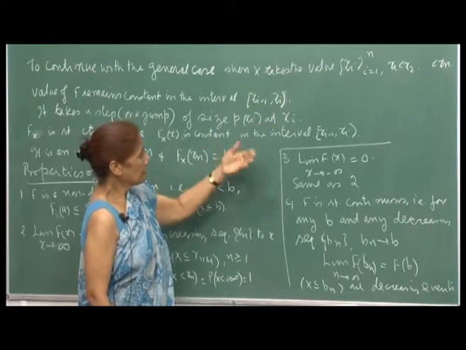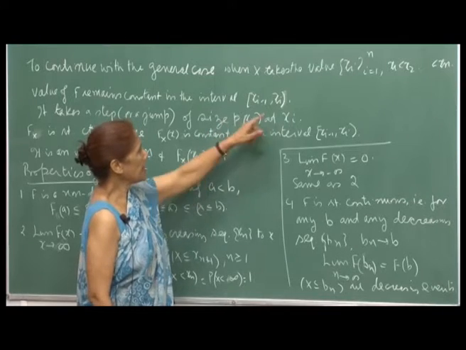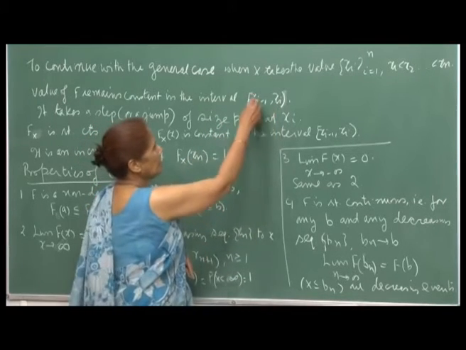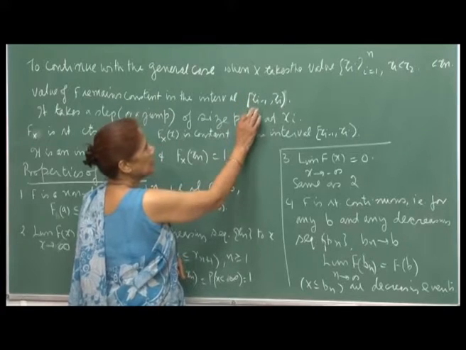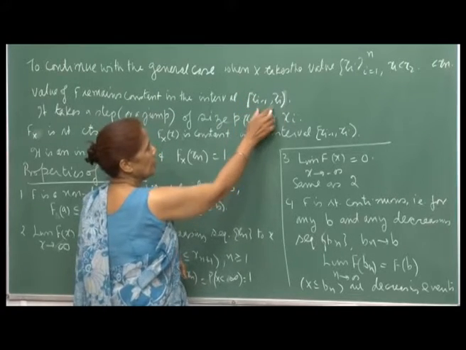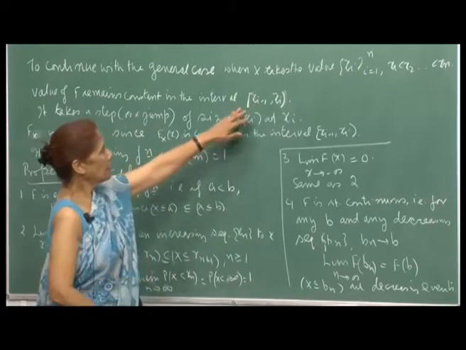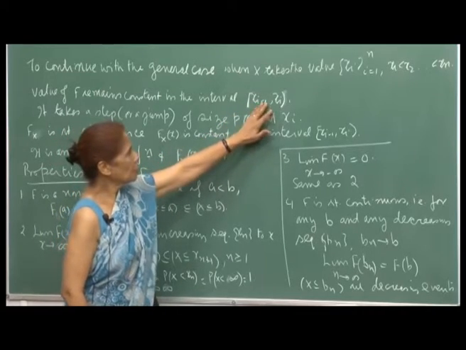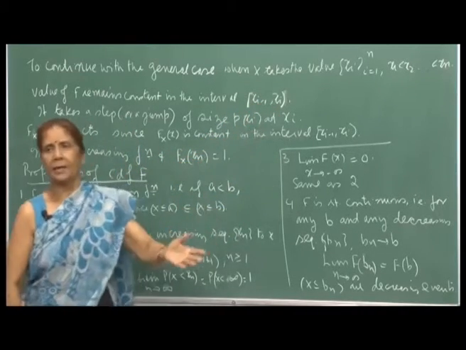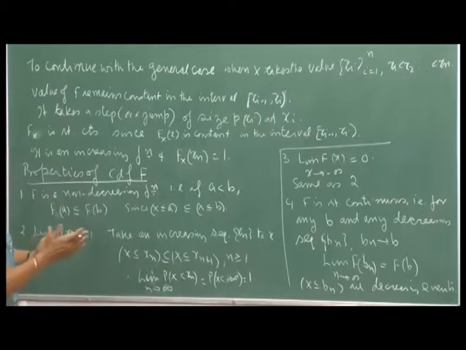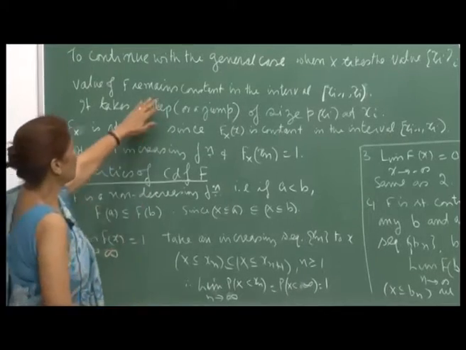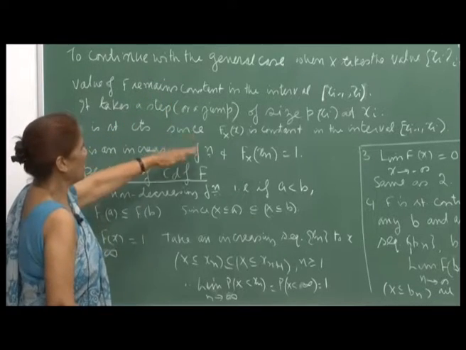So, the cumulative density function will remain the same, and this sign says it is closed at this end and this is open. That means, in this interval the values begin from x_{i-1} to all values which are less than x_i. So, therefore, for all these values your cumulative density function remains constant.